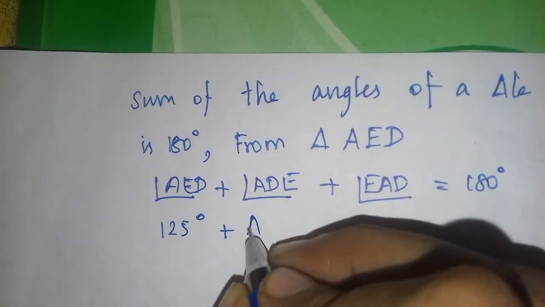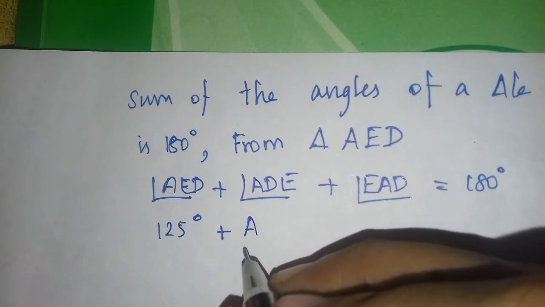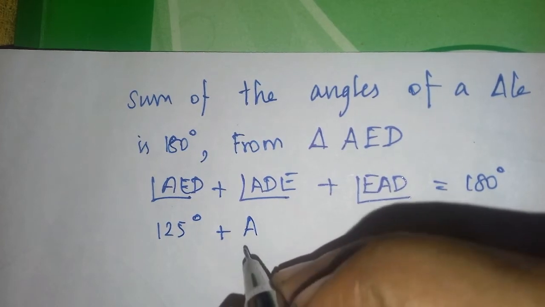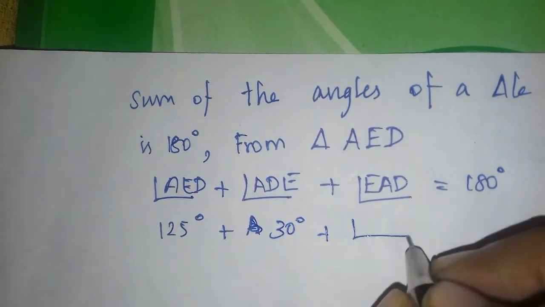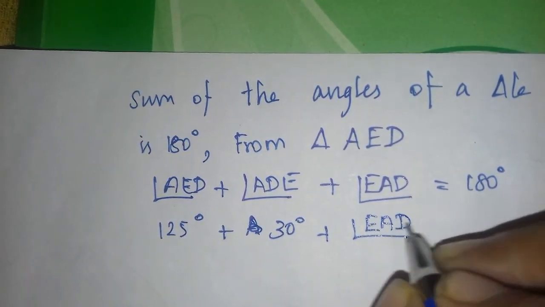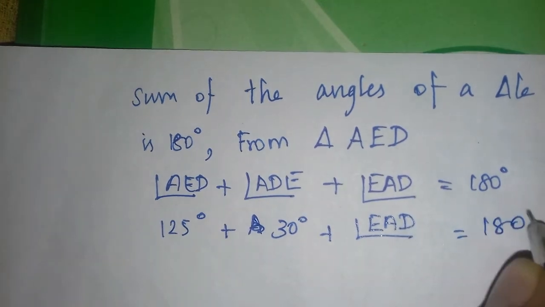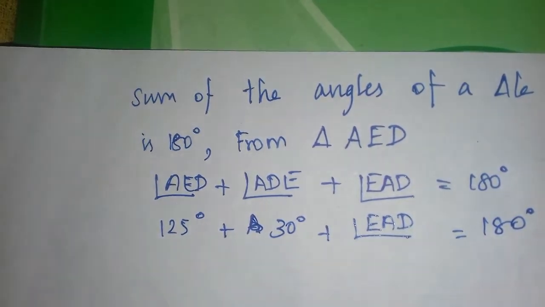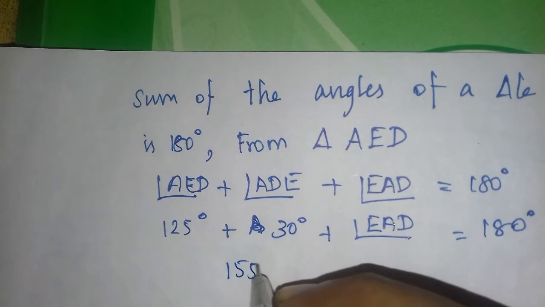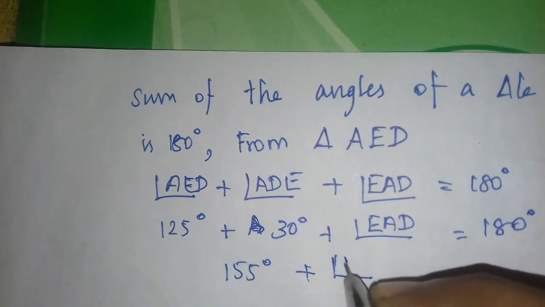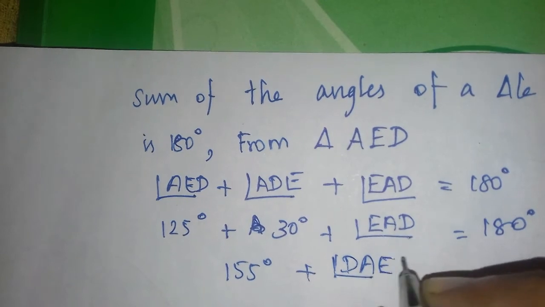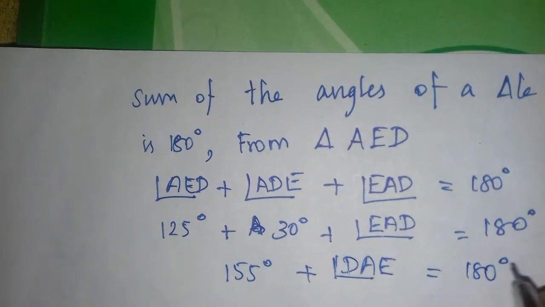Plus angle ADE is 30 degrees. Angle EAD should be found by us. Is equal to 180 degrees. If you add 125 degrees and 30 degrees, what will you get? 155 degrees. Plus angle EAD, which can be written as DAE, equal to 180 degrees.